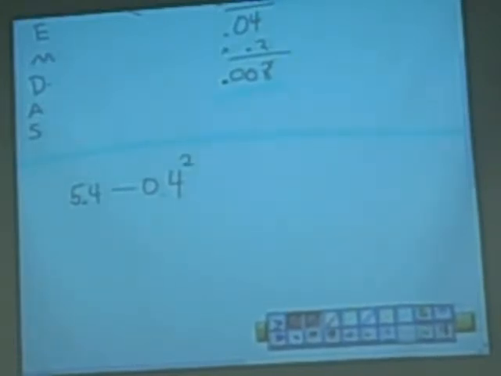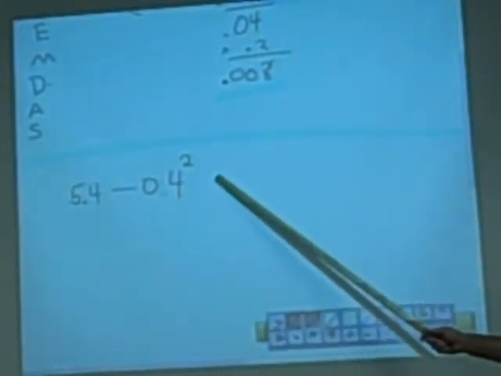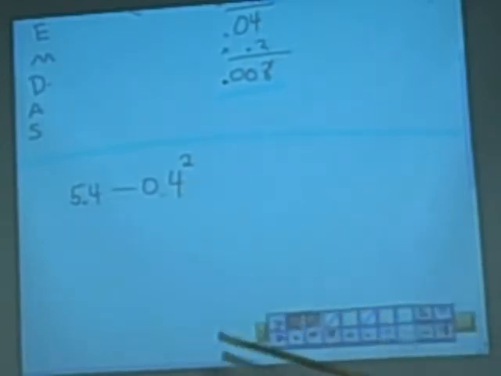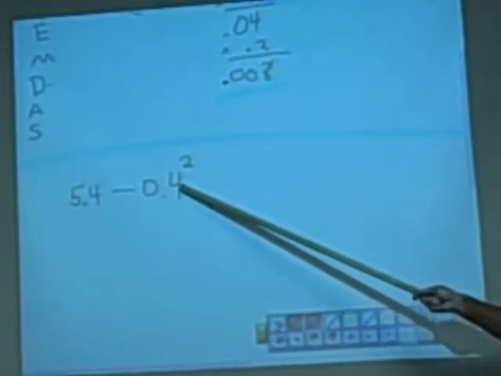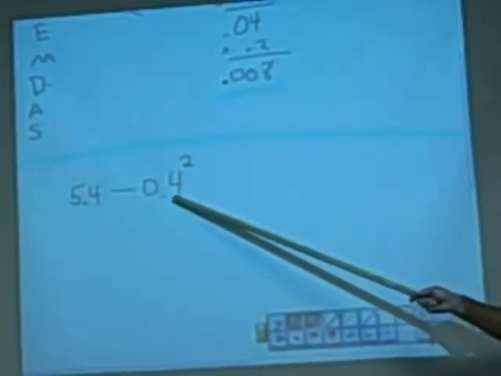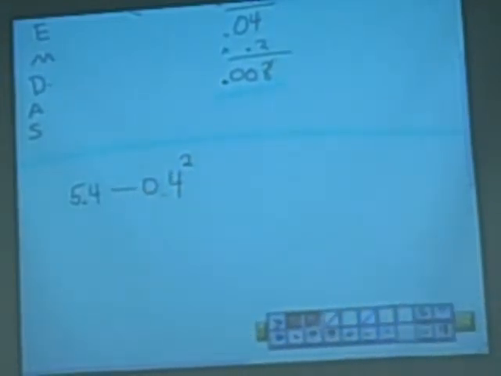Now, you're squaring, okay, well, I kind of gave it away, didn't I? Because we're going to square it first before we subtract. But when you square it, you're squaring just the number, right? You don't square that minus sign. The only time you square a minus sign is if it's inside parentheses.